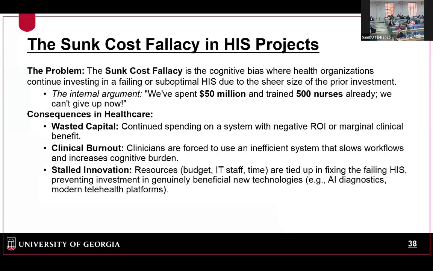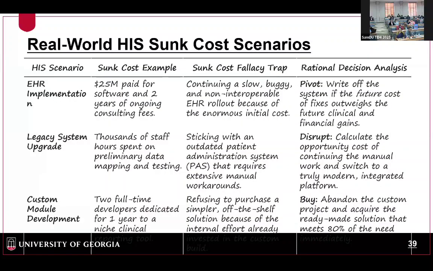Sunk costs are one of the things we need to think about in many health information systems. We already spent a lot of money, and we still want to continue this, right? We cannot give up. But this is really a mentality. In many cases we have different scenarios.